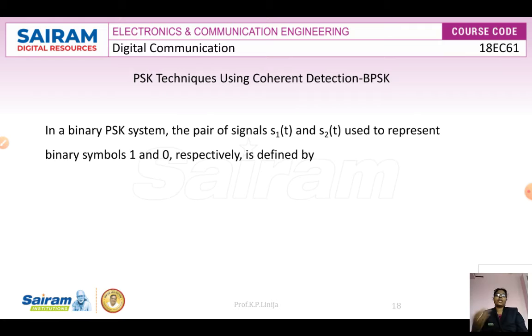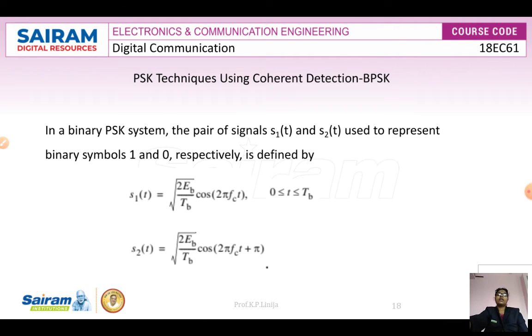With the prior concept, we can define S1 of t by replacing A with root 2EB by TB, and S2 of t is root of 2EB by TB into cos 2 pi fct plus pi, which can be written as minus root of 2EB divided by TB into cos 2 pi fct.